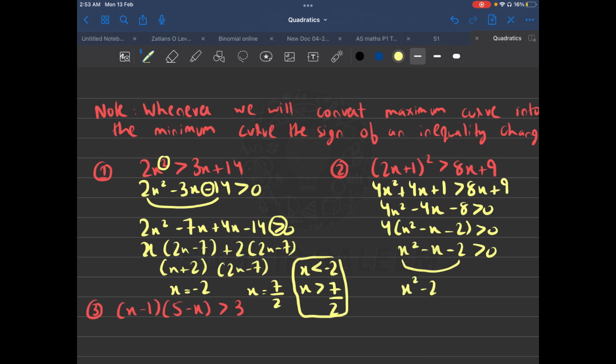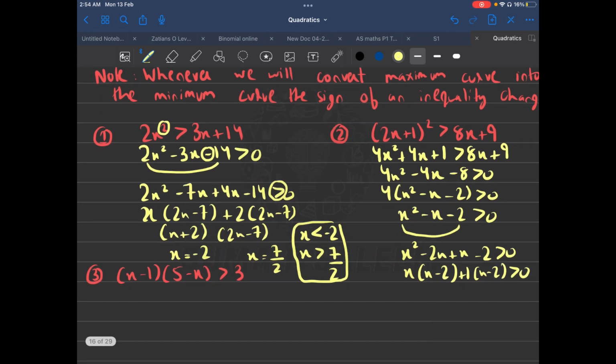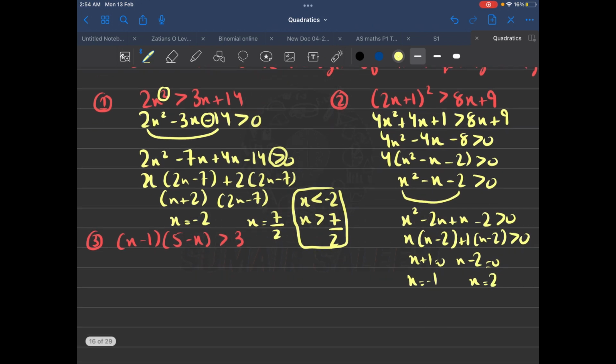Use 2 and 1. Now take x common, x minus 2, take plus 1 common, x minus 2 greater than 0. So x plus 1 and x minus 2. What's the answer? The value of x is minus 1, the other value is 2. In greater, it's always x is less than the smaller value and x is greater than the bigger value.